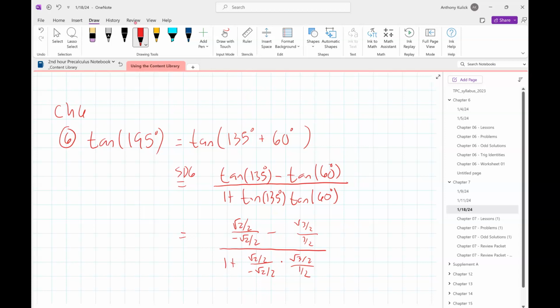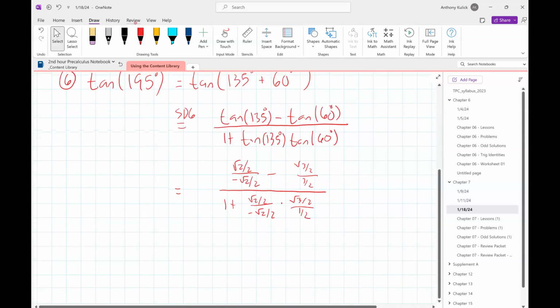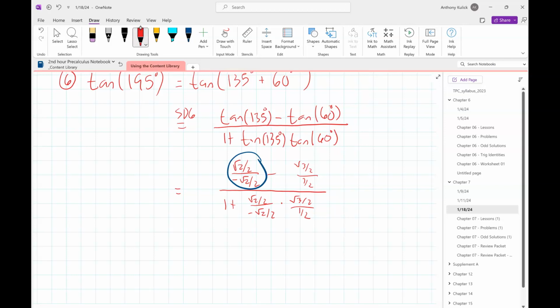There. Feel okay? All right, so now I know that this square root 2 over 2 divided by negative square root 2 over 2 is just going to be negative 1. Right, because the numerator and denominator are the same fraction, just one is negative. Over here, the over 2's cancel, right? So that leaves me square root 3 over 1, or just square root 3.